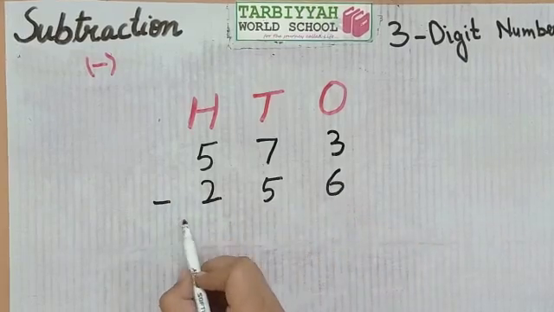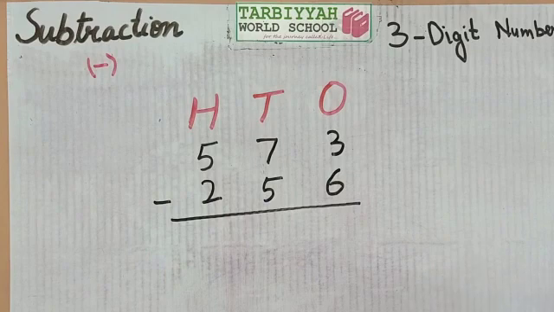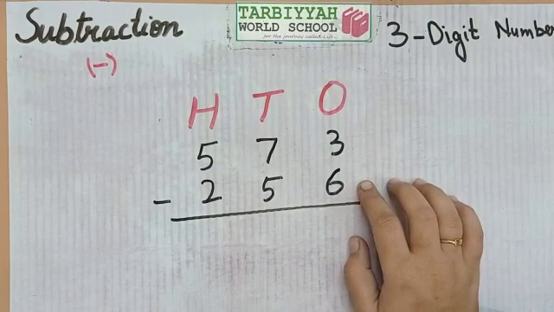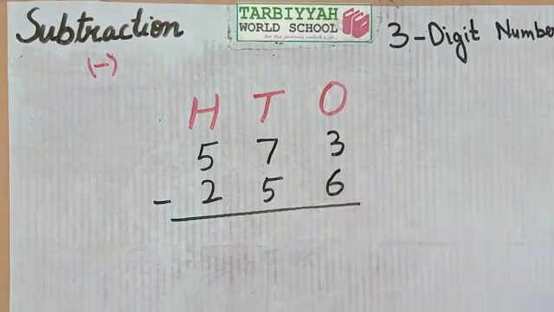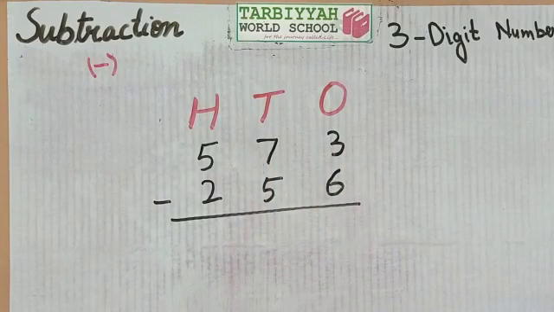Now we have to subtract these numbers. So we have to subtract the ones first. Since there are not enough ones, we have to regroup the tens to ones.